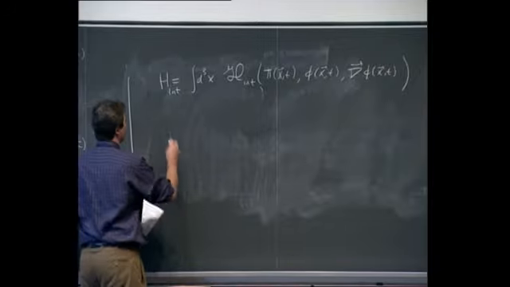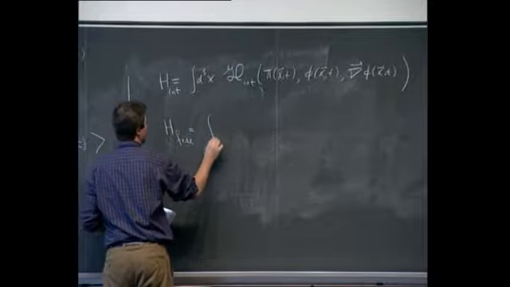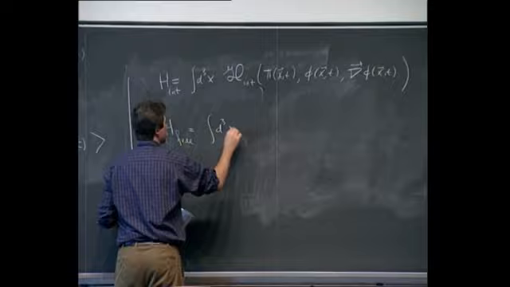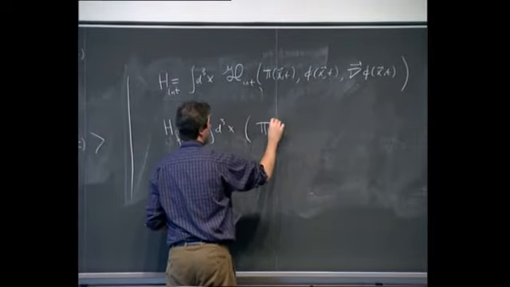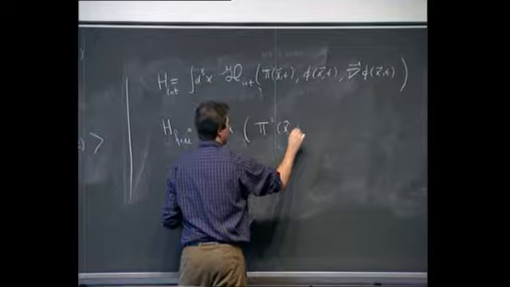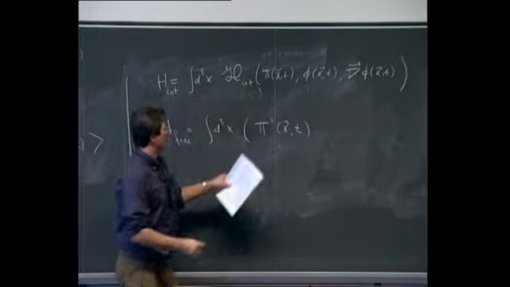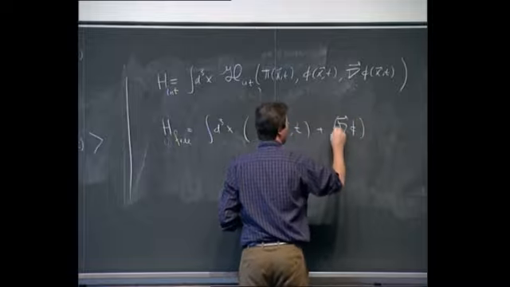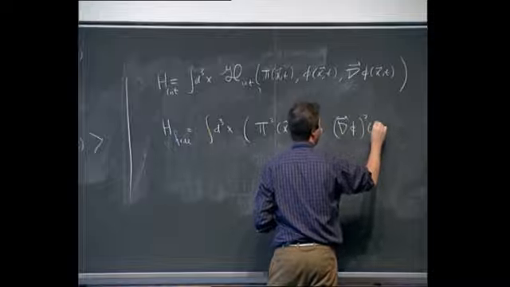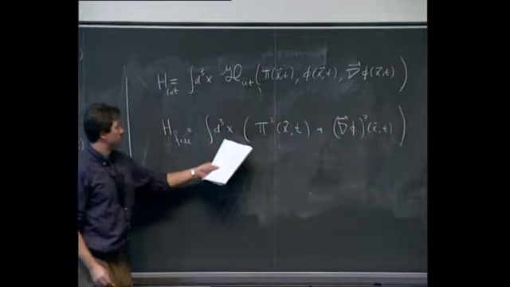The free Hamiltonian is actually also an expression of this sort, except that it's somewhat simpler. You can write it down explicitly in terms of the momentum field pi and the gradient of phi squared, and then integrate it over space.